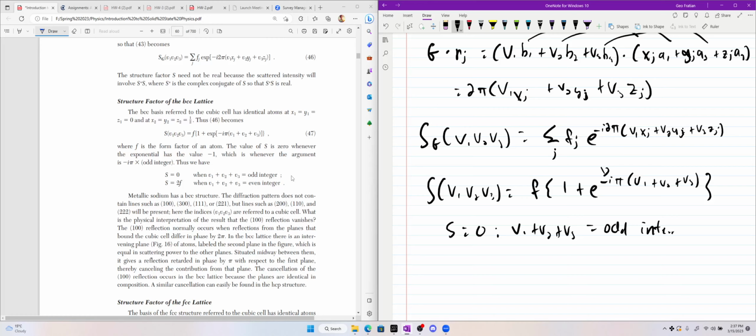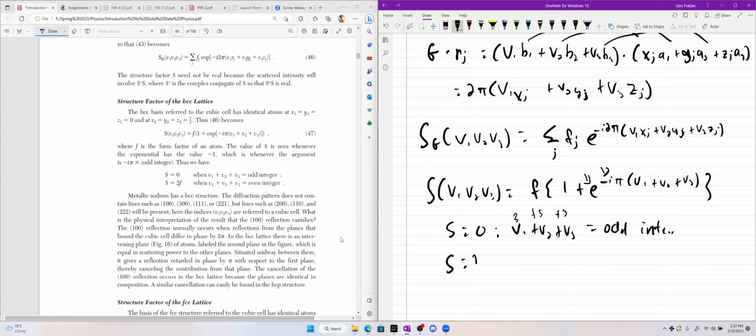Let's say they're all odd: 3 plus 5 plus 7 is 15, and e to the negative i 15 pi is negative 1 on the complex plane. So we get negative 1 for this exponential, and we get 0 for the structure factor.